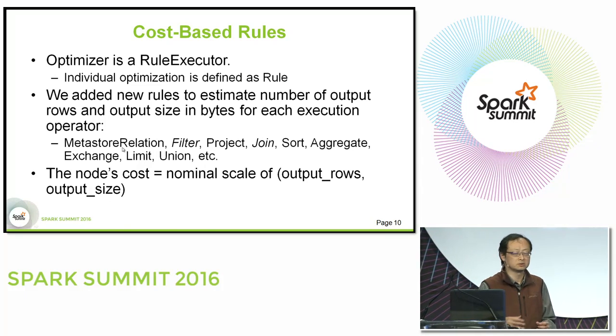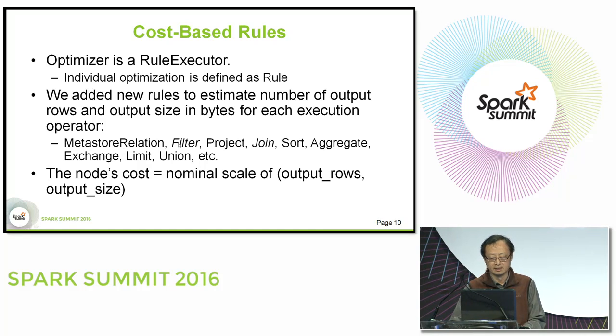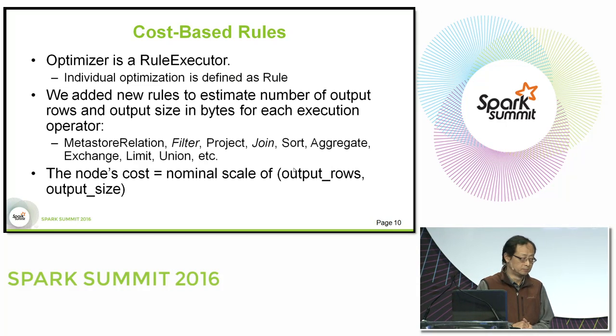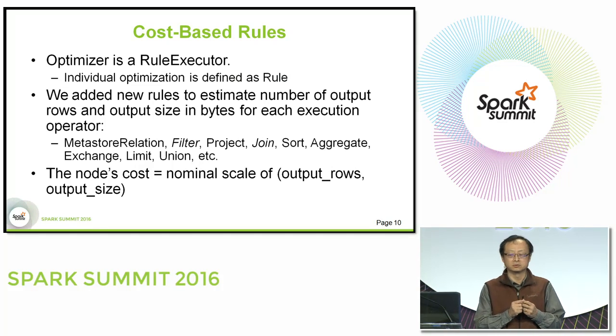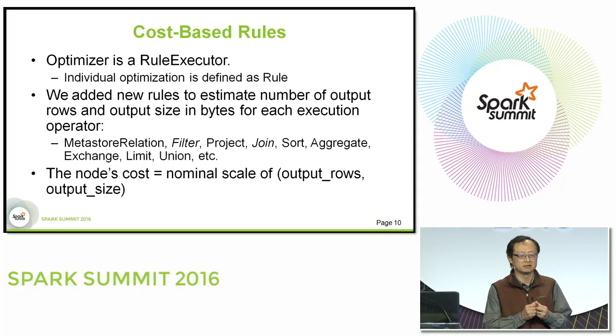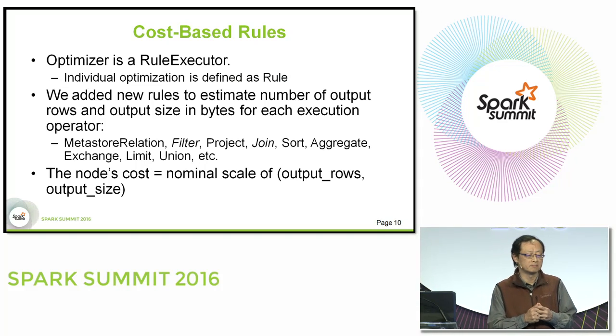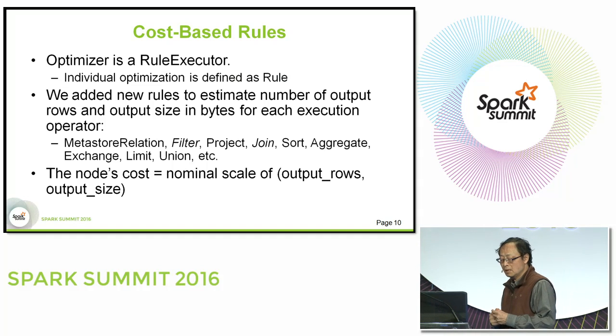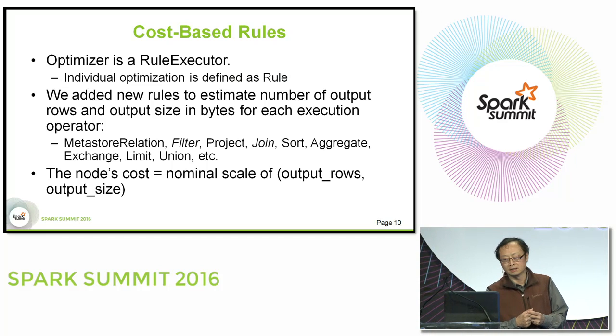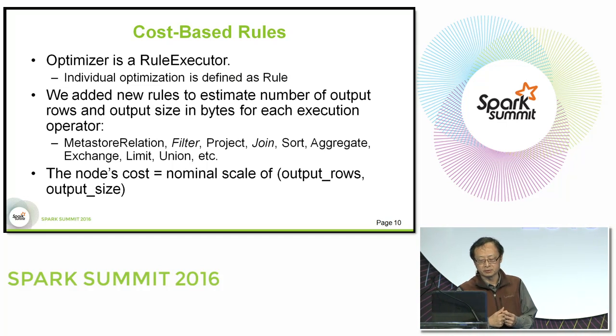Metastore relation actually means a table scan, filter, project, join, sort, aggregate, etc. And the cost of each execution node is a function depending on the number of rows and also the output size in bytes. Because in Spark SQL, there are quite a few execution operators.